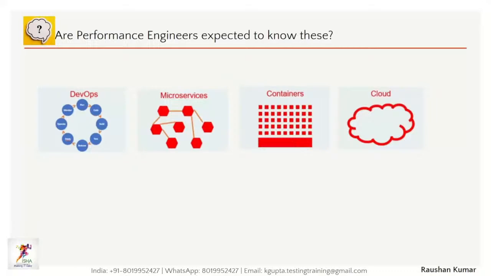If you look at software development and deployment over the years, you will understand where these four things fit in. Here you go, the next slide. So this is where it fits in.